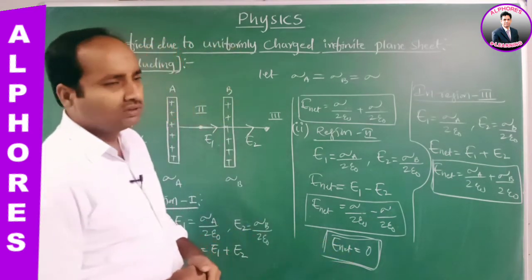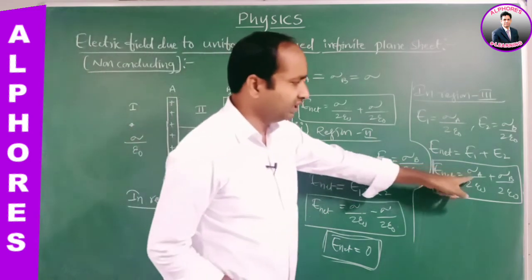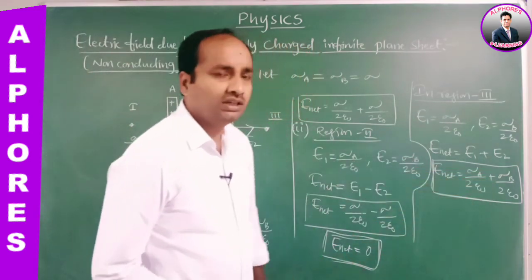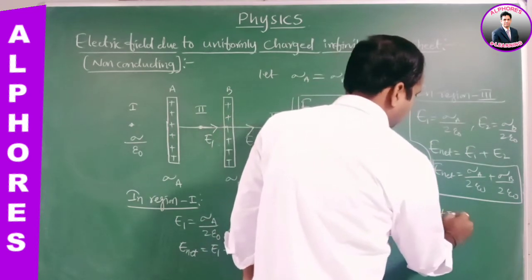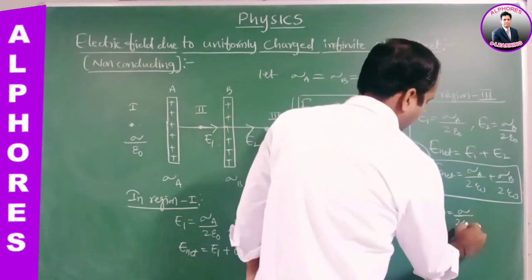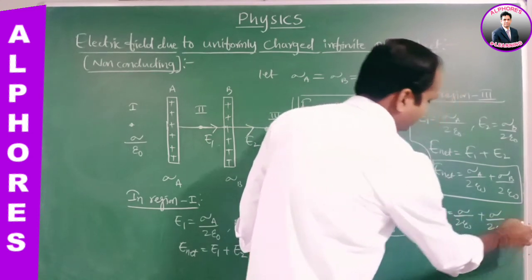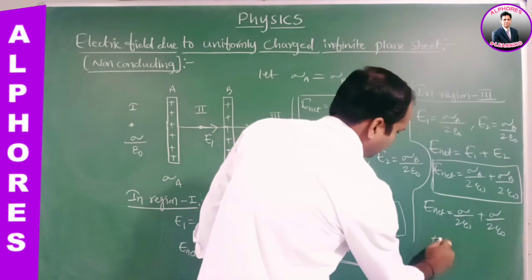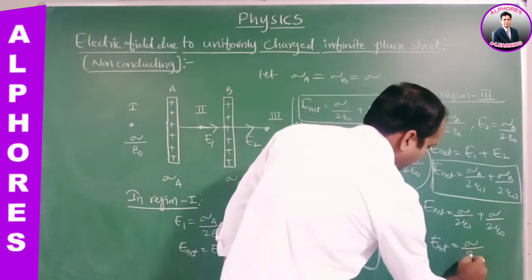And third one, again in region 3, here what we got? Sigma A plus sigma B, but all are equal, then we may write like this: sigma by 2 epsilon naught plus sigma by 2 epsilon naught. What is the net intensity of electric field? Sigma by epsilon naught.